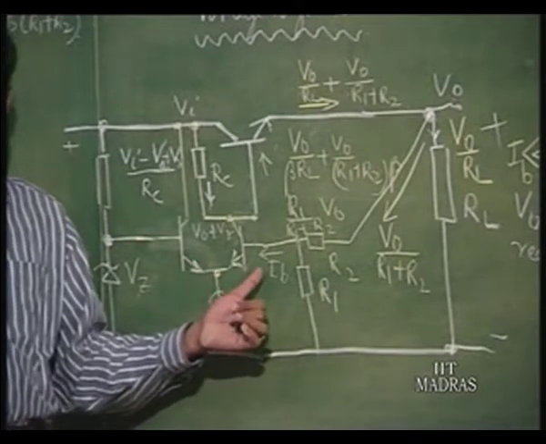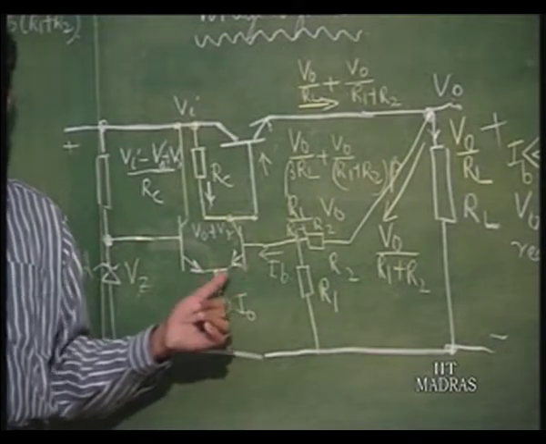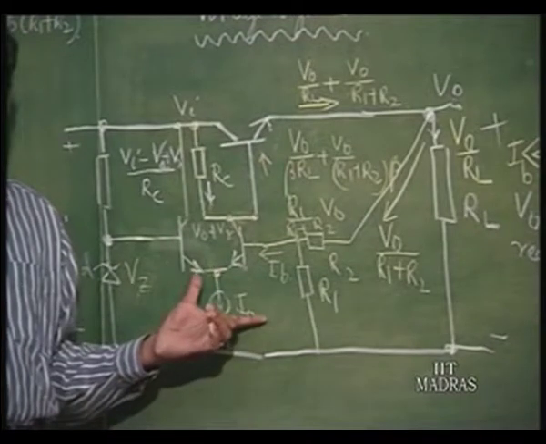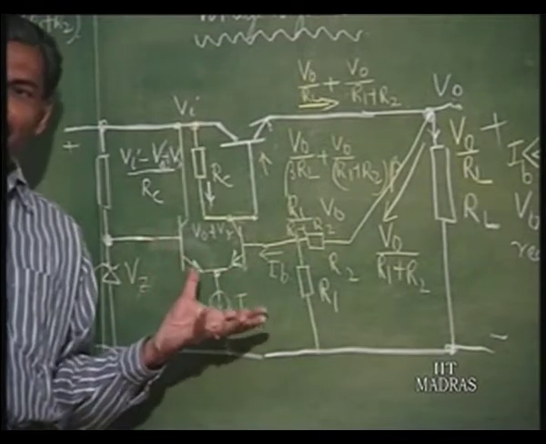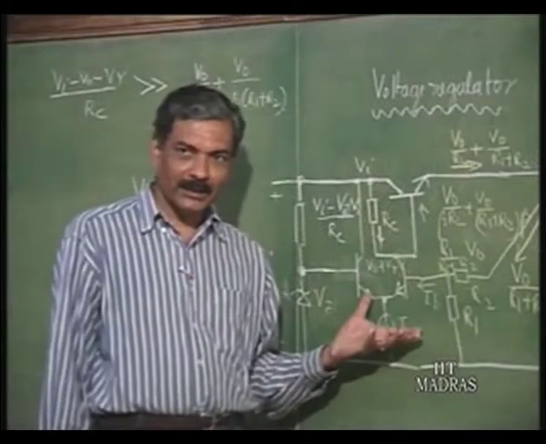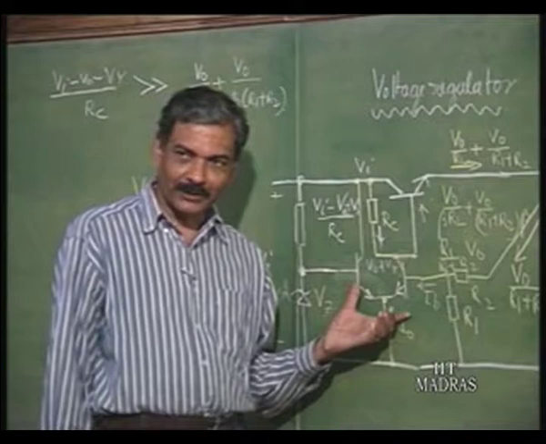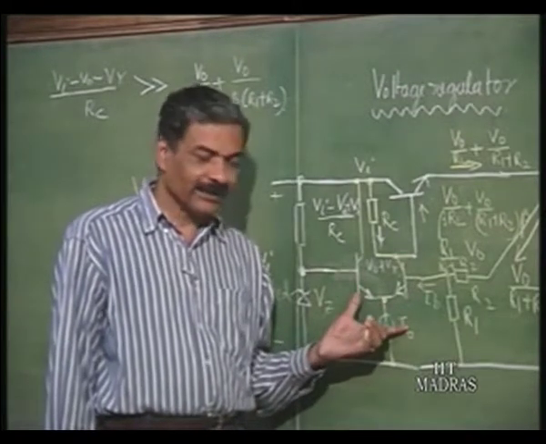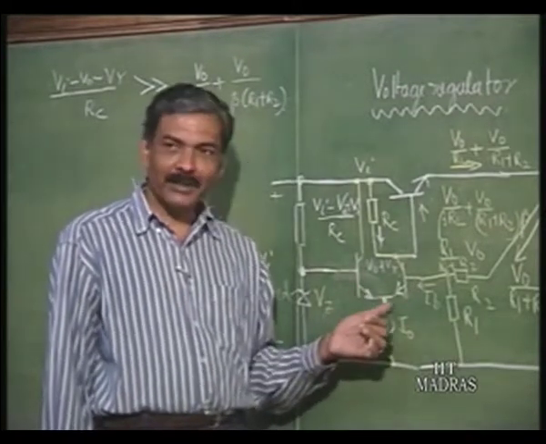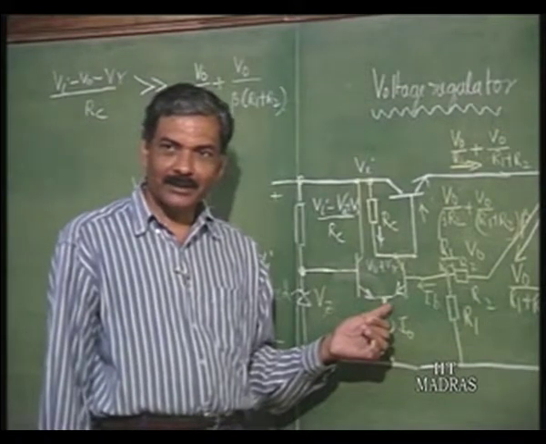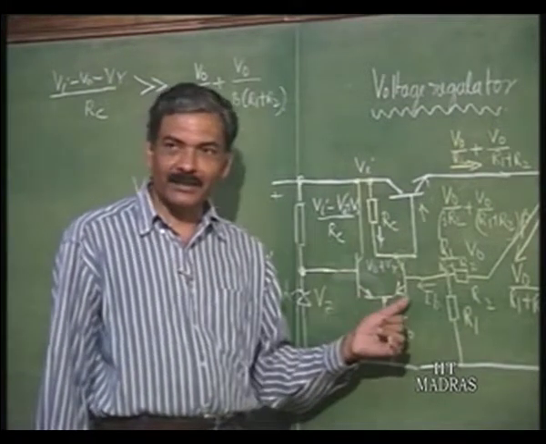Re1 and Re2 will depend upon the current sharing in this. So, all these things you have to remember because it depends upon the operating point. The small signal equivalent circuit is based on the operating point, and it is not necessary that this should operate at all times with equal division of current here.